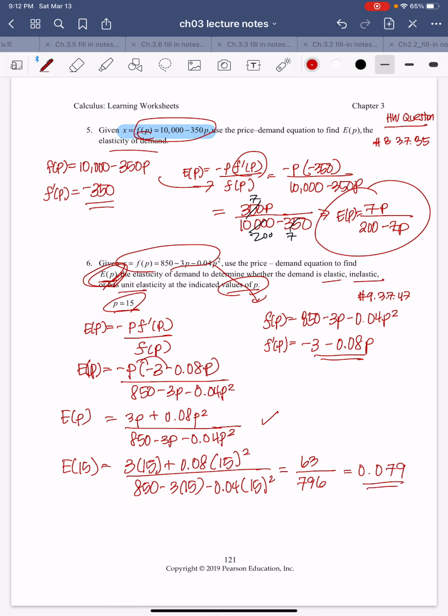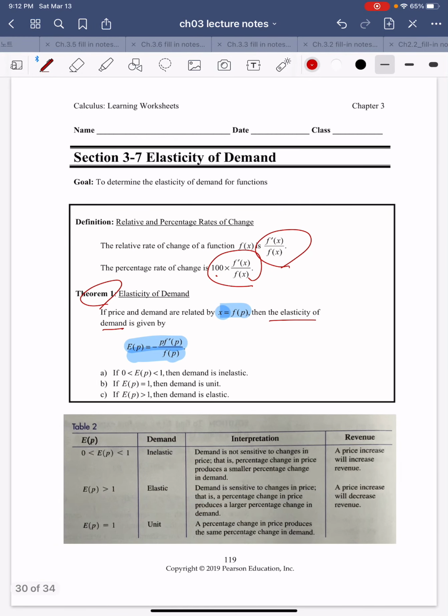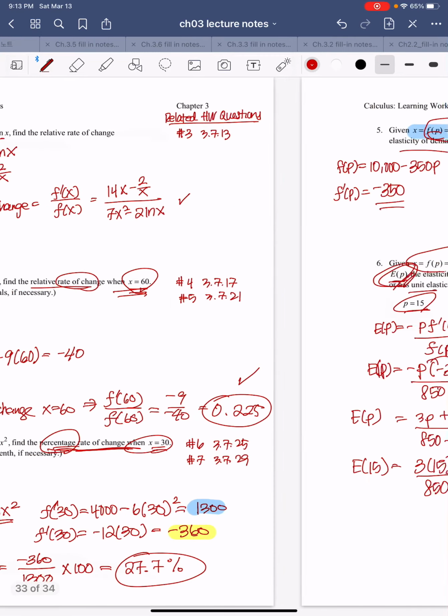What does 0.079 mean? That's a number between 0 and 1, right? Bigger than 0 but less than 1. So what is that? That's case 1, inelastic. So demand is inelastic. Okay.